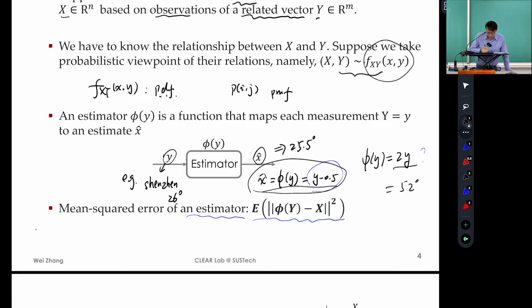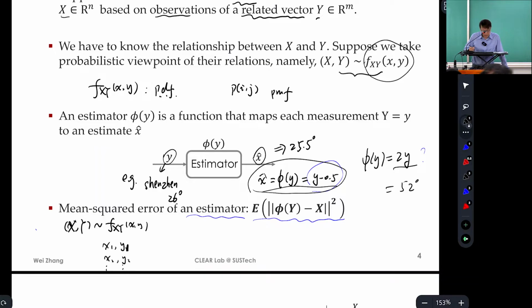So let's say x and y are jointly distributed. I can take samples, right? I see some realizations: x1, y1, x2, y2, and so on. So how do I evaluate whether an estimator is good or bad?